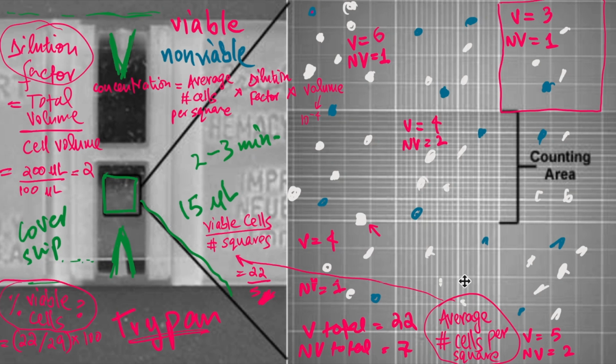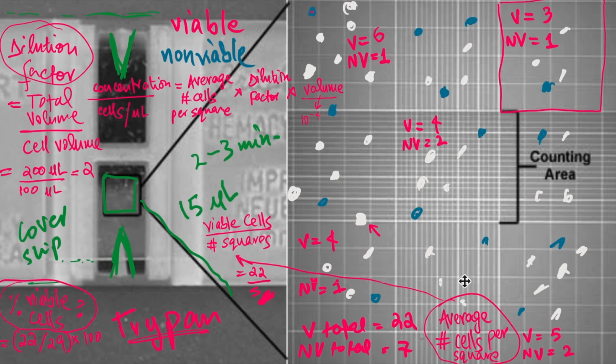So the units for concentration would turn out to be cells per, it's typically written in milliliters, but you may write it in microliters for simplicity. Whatever the volume is given to you, try to use the same units when you're calculating concentration.